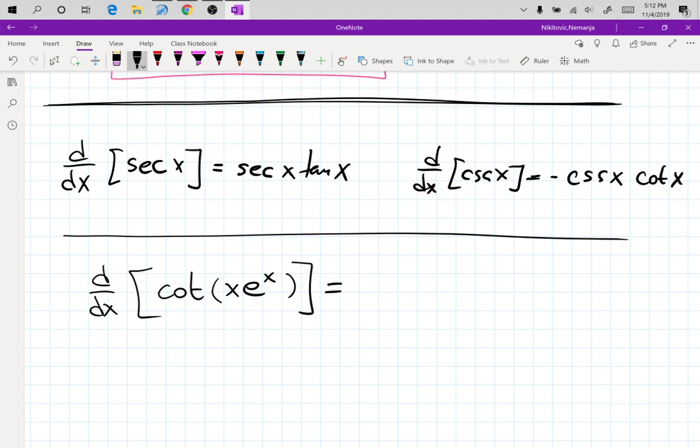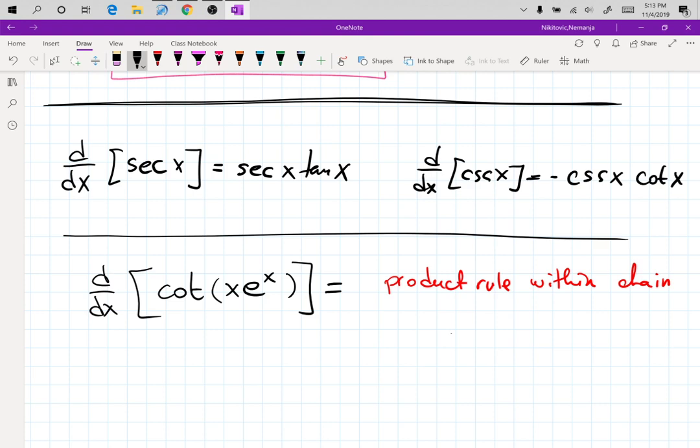That's a product rule. But that's buried inside the cotangent, which means we have a chain rule with a product inside. So I'm just going to label this as product rule within chain. Great. Now, what is the derivative of cotangent?